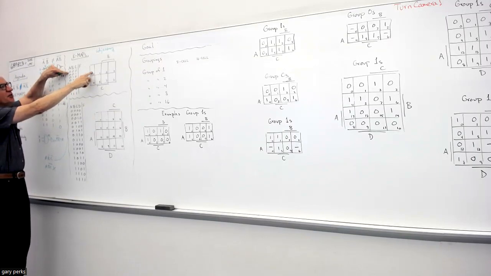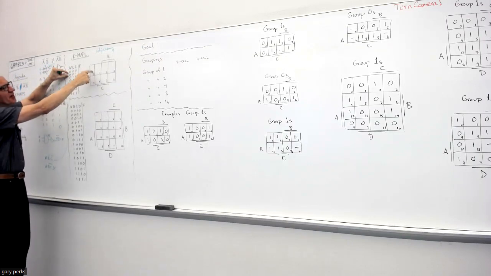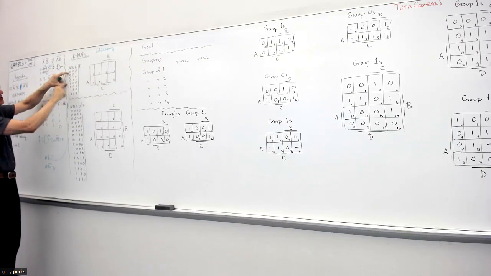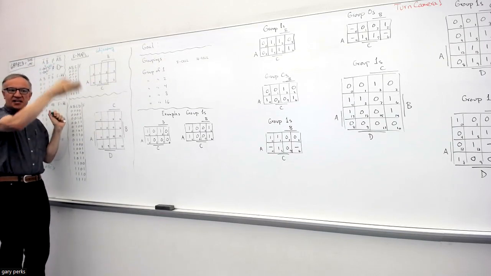If I then compare 0 to binary 1, there's only a 1 bit difference. Also if I compare 0 to 4, there's only a 1 bit difference. And you can do this for any of the cells side by side or up and down.